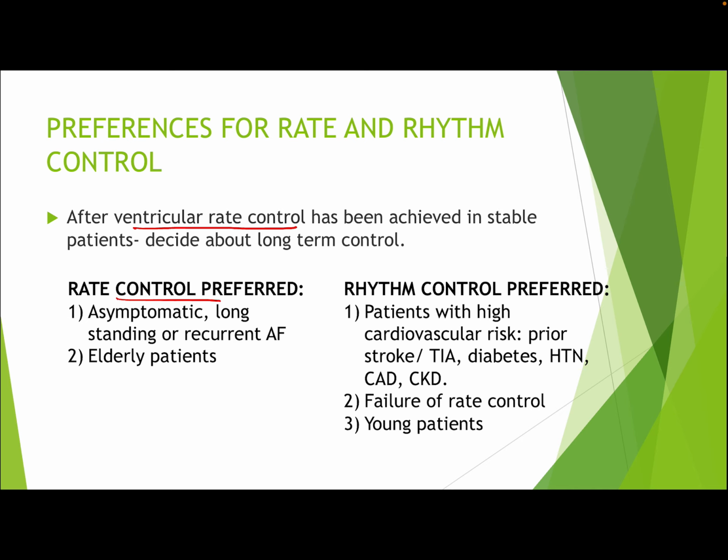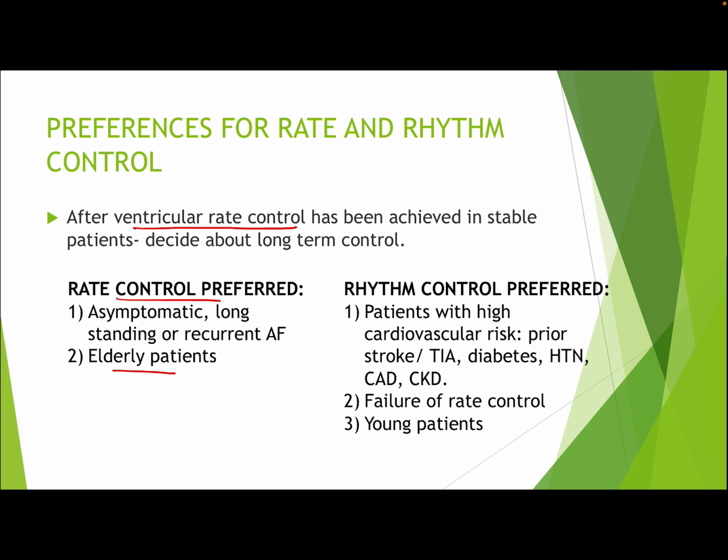Rate control can be preferred if the patient is asymptomatic with a long-standing or recurrent AF that has been going on for quite some time, and also in elderly patients. Now, this is because elderly patients are prone to adverse effects from antiarrhythmic drugs, and also usually elderly patients have AF that is asymptomatic and long-standing, so we go for rate control.